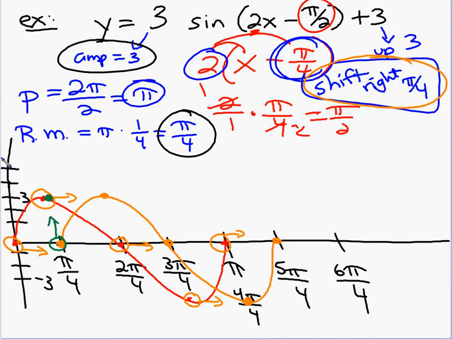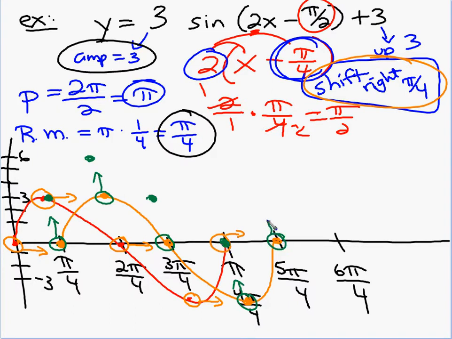4, 5, 6. And so then I need to take this point and move it up 3, which will put it at 6. This point up 3, which will put it at 3. This point up 3, which will put it at 0.